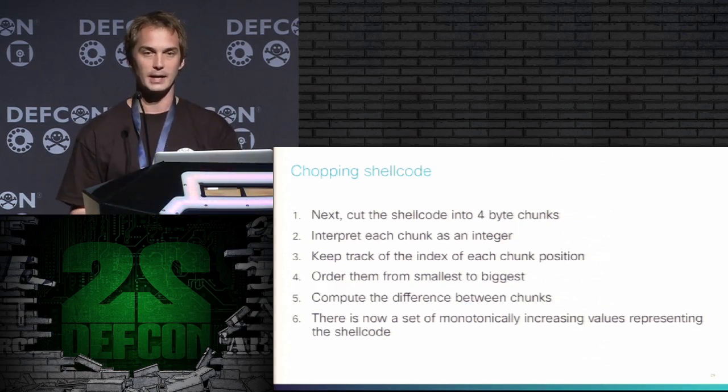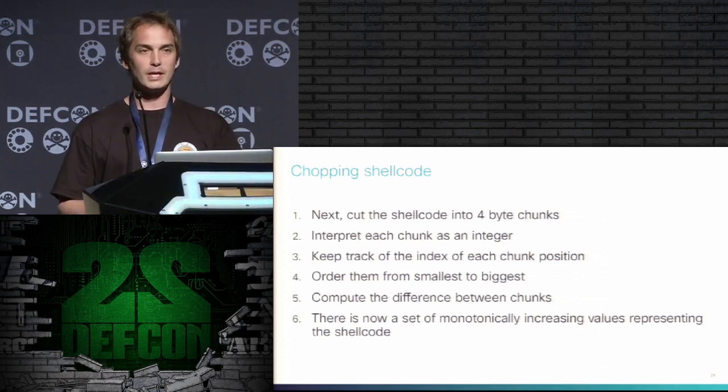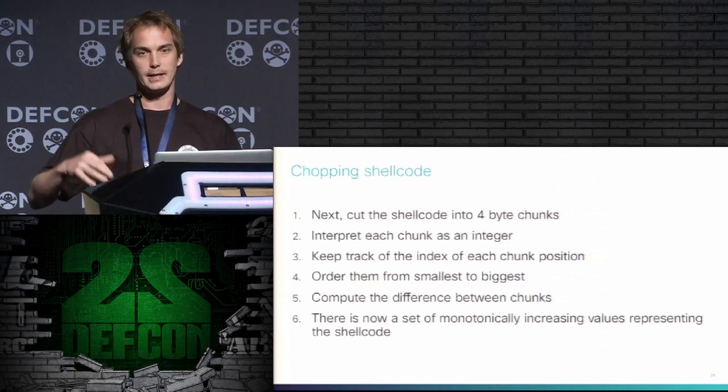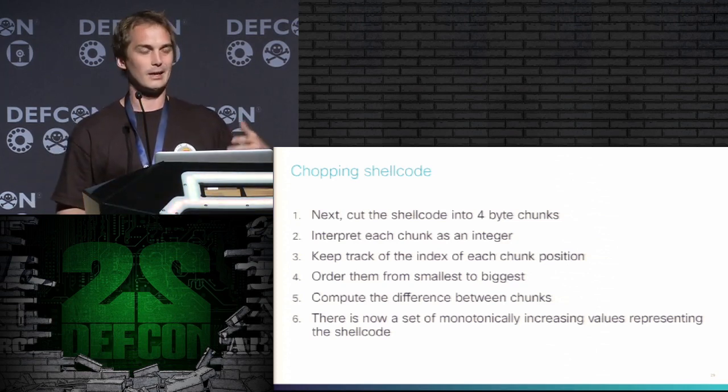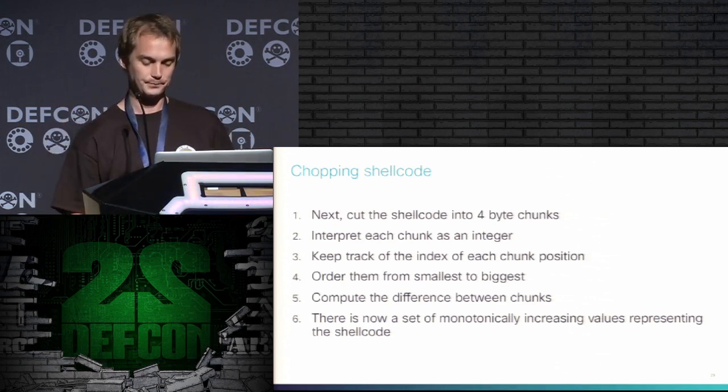Then once you've done that, you compute the difference between each chunk. That gives you deltas between your pieces of shellcode, and it keeps your shellcode monotonically increasing, meaning that each time you add a value to your register, it's always going to go up.